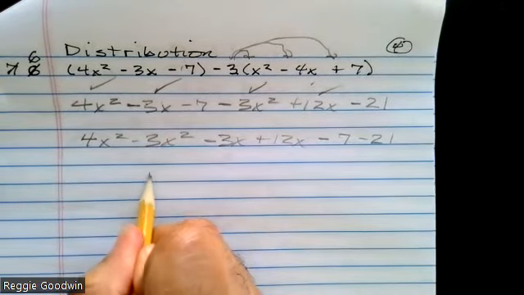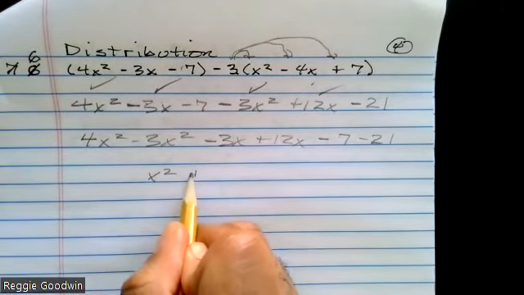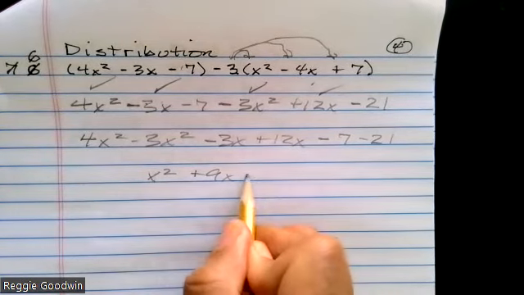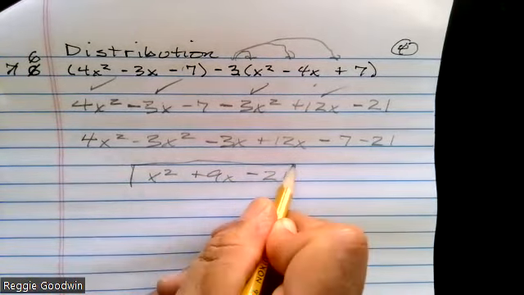So we will come out with x squared plus 9x minus 21 as the answer.